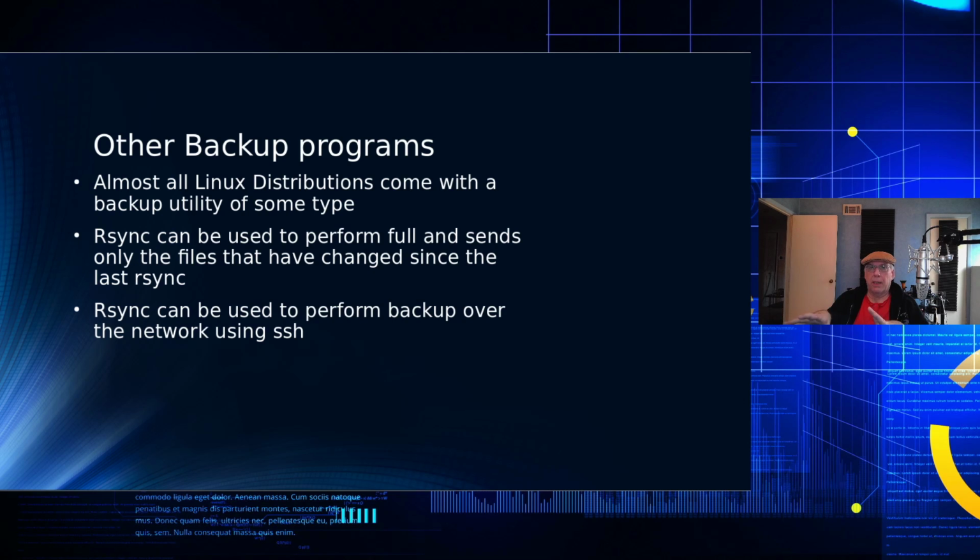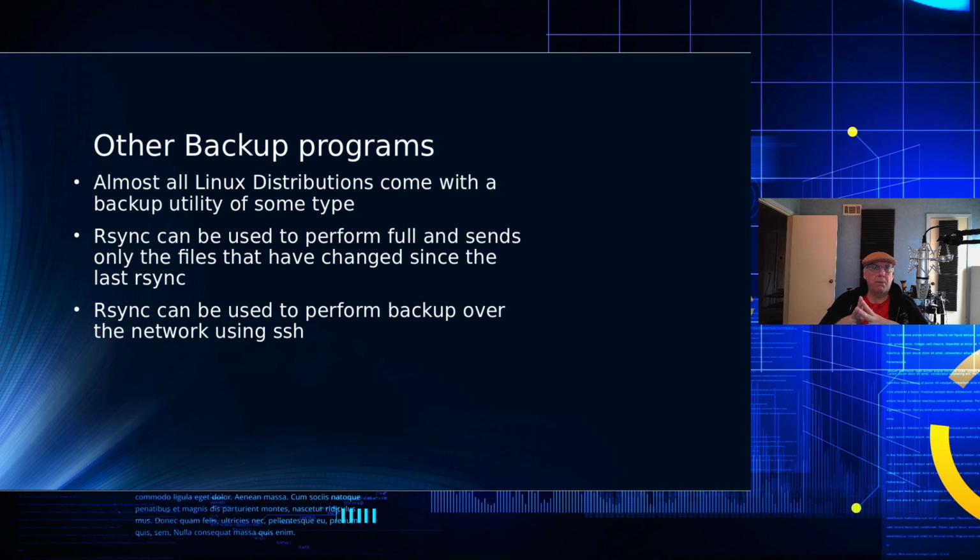If that target directory is empty, rsync automatically does a full backup. And then the next time you run rsync, it will look at the files that are stored in the target, and if they're older than the files in the source, or the source has files that the target doesn't have, then rsync will go ahead and just copy those over. I'm going to do that in a later video.